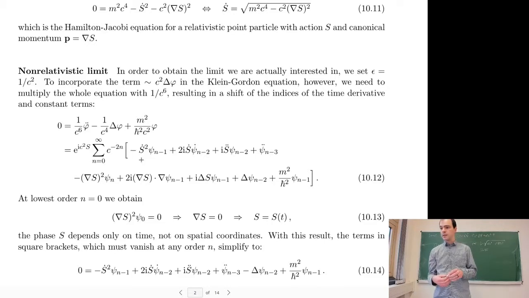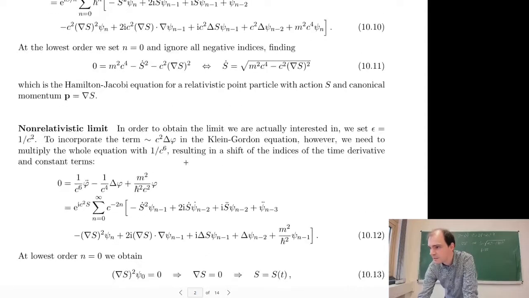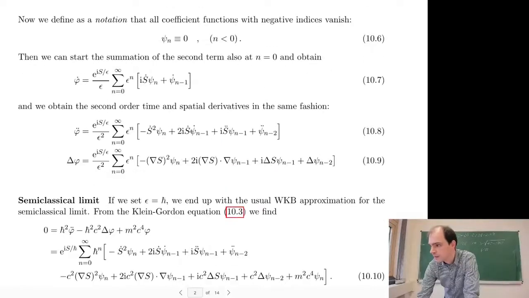And then you get this first line expression, taking into account that the Laplacian term already has a c squared in front of it. The reason we need to divide by c to the sixth is because you saw in 10.8 and 10.9 that we get an epsilon squared in the denominator.